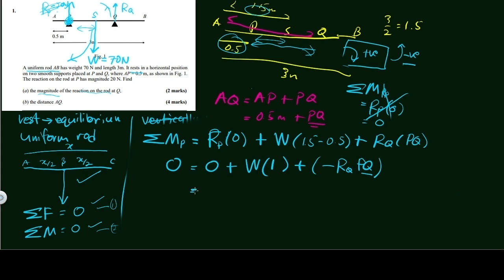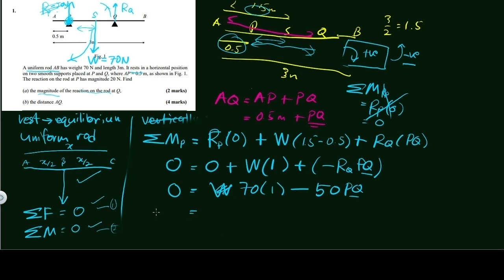Let's substitute the values that we have. 0 equals W times 1, where W is 70, minus RQ. RQ we already calculated before: RQ equals 50 Newton, times PQ.